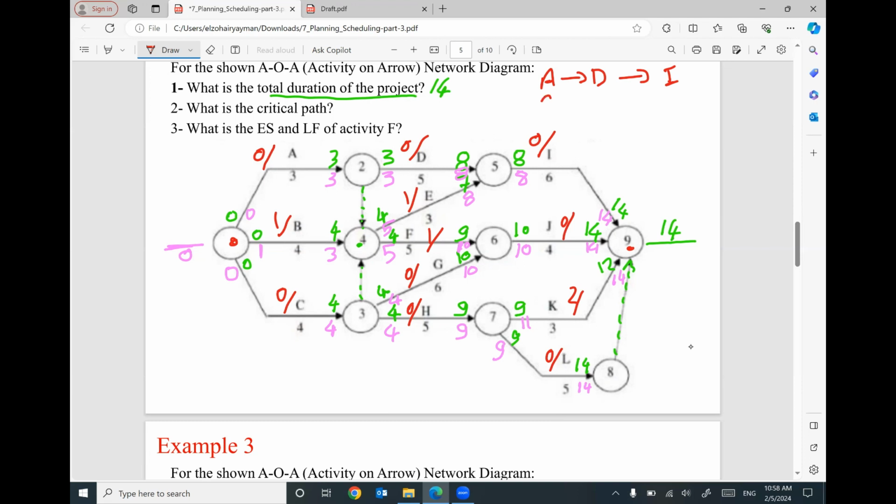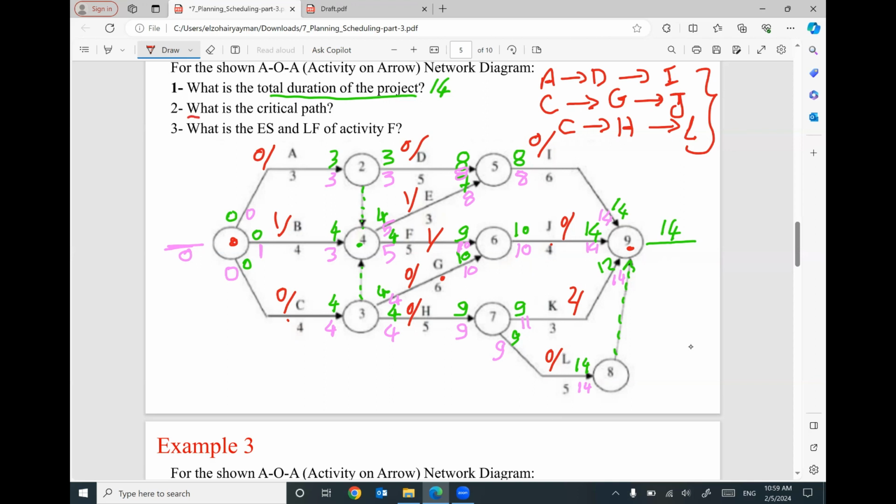I can say I have C, then G, then I. I can say I have C, H, L. So looks like I have another one. I think I'm done with all of them. Yeah, we have three critical paths because we have many critical activities in this project.